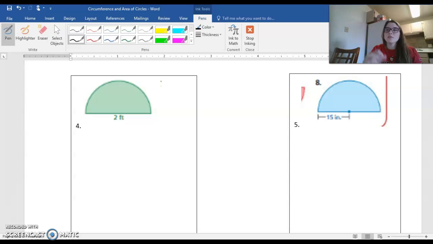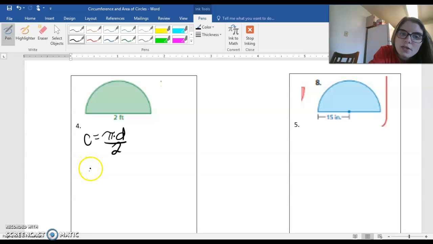All right, on the next ones, if you notice, these are half of a circle. So we're going to do it the exact same way that we did before, but the only difference is now we're going to divide our answer by 2. So we have the circumference equals, and they give us the diameter. So I'm going to have pi times the diameter, and then I'm going to divide that by 2 because it's half of the circle. So the circumference equals 3.14 times the diameter, which is 2, divided by 2.